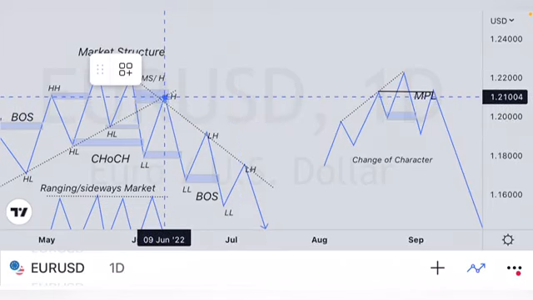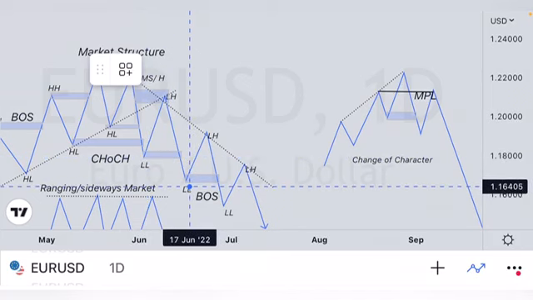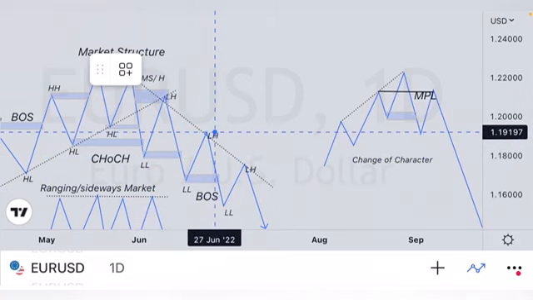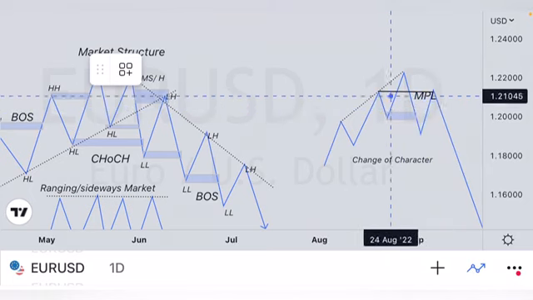At these reversal points, all these structures, once the market breaks structure and creates a lower high, you are looking out for this as a confirmation for entry.